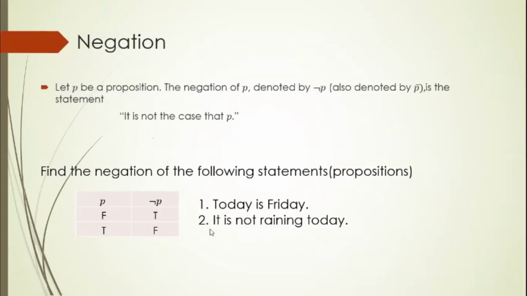If we have this statement, it is not raining today, let us assume that this proposition is false. So what is the opposite of this? It is raining today. It is a matter of removing the word not or adding the word not to create the negation of the statement.